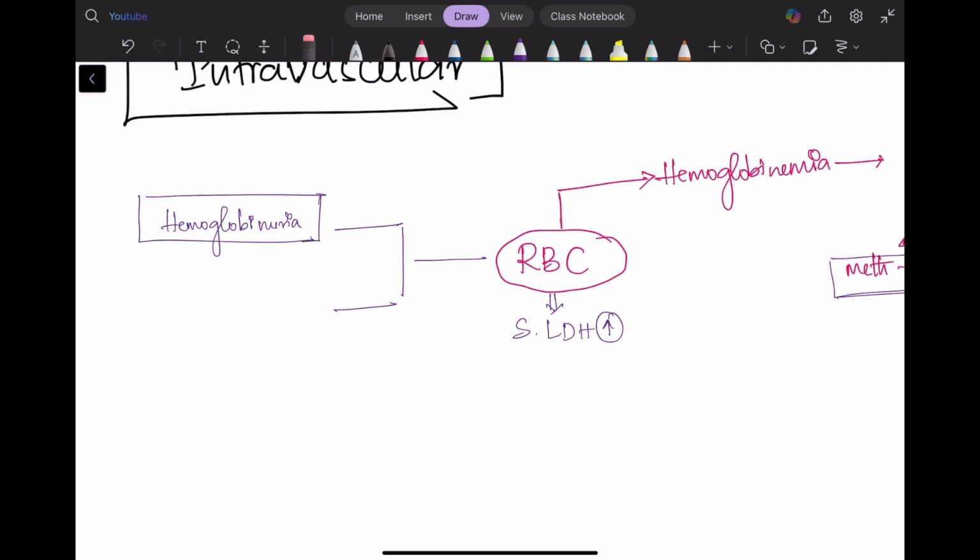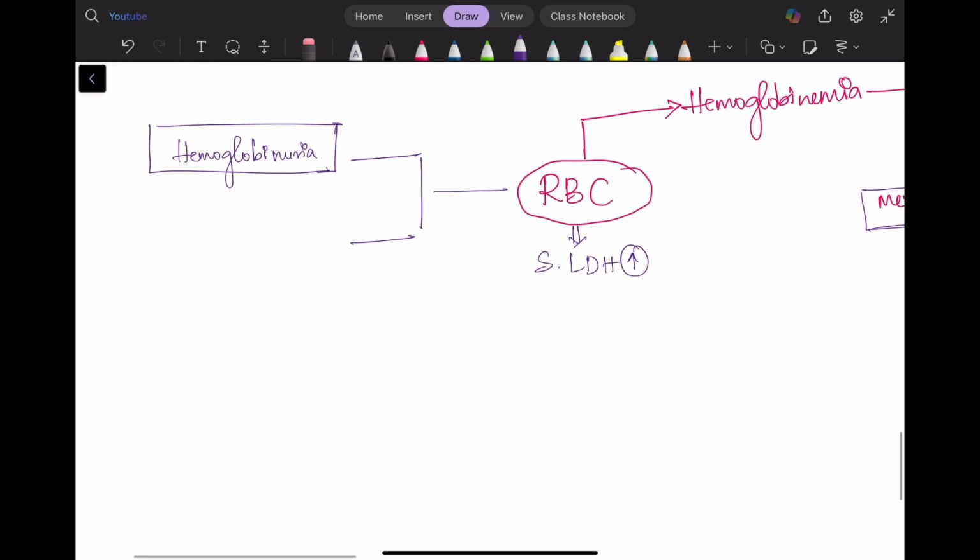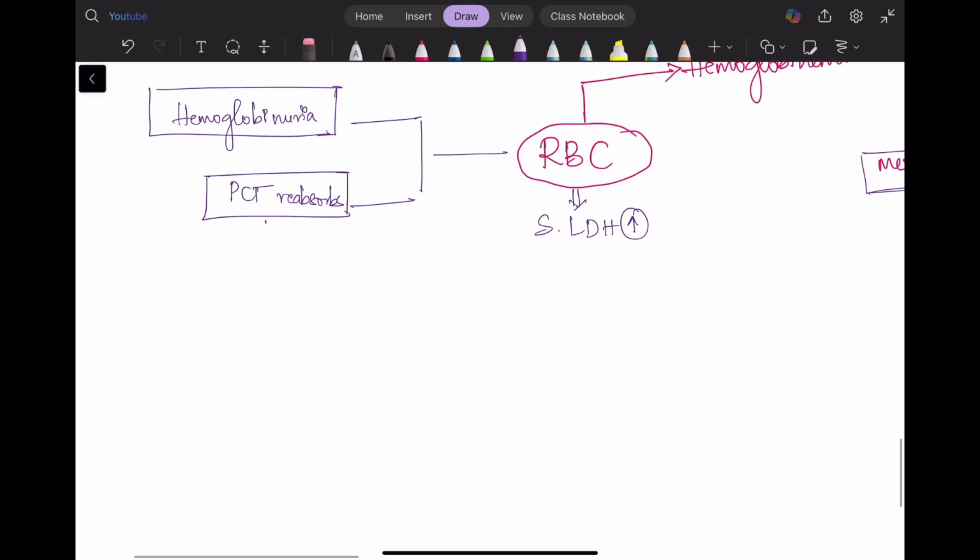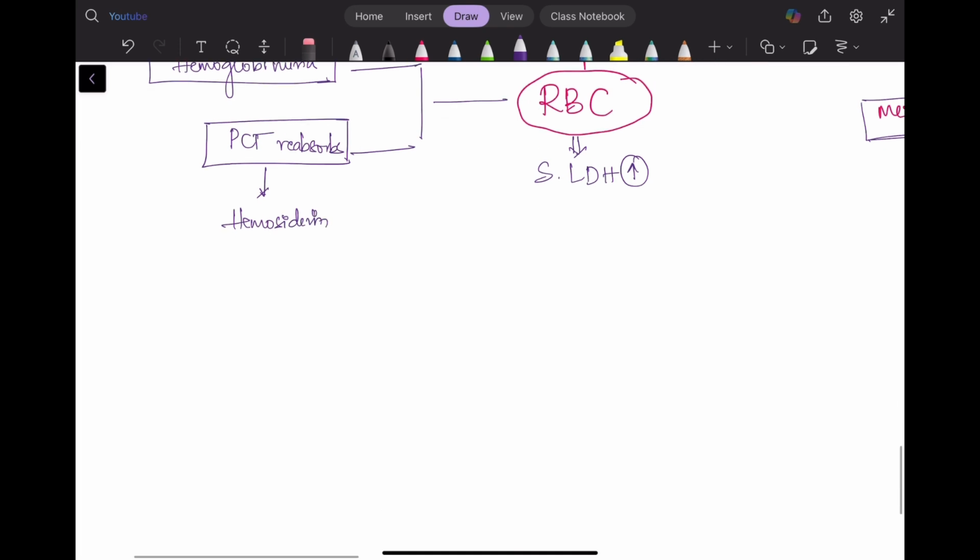And if something is excreting, before excreting it undergoes a very important thing, that is reabsorption. Will the kidney let it go without any hurdles? No, kidney won't allow it. So PCT reabsorbs, which leads to hemosiderin. Nothing is easy to fetch, okay? Even kidney is following that policy. Hemosiderin, which leads to hemosiderinuria.